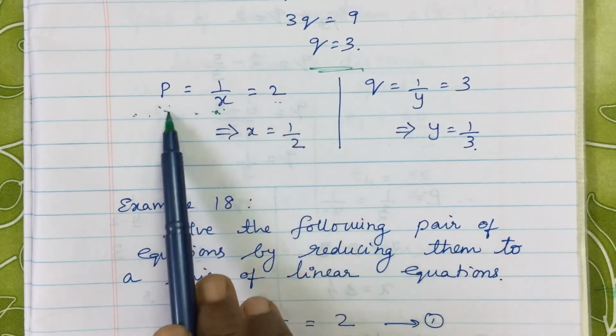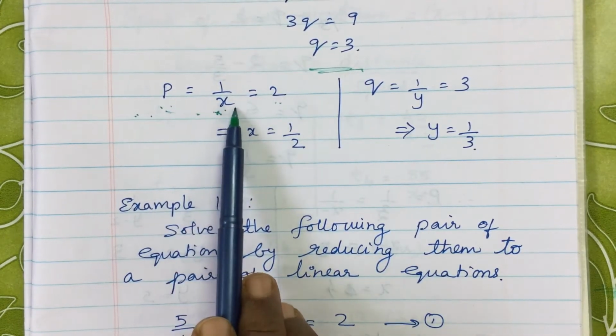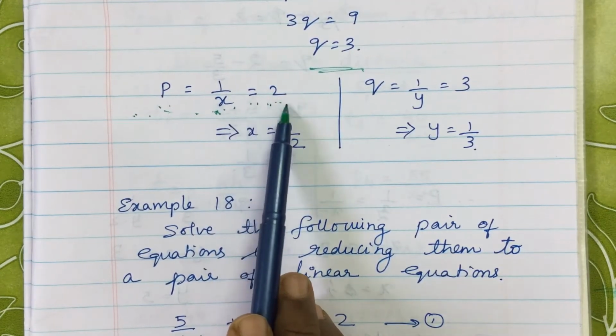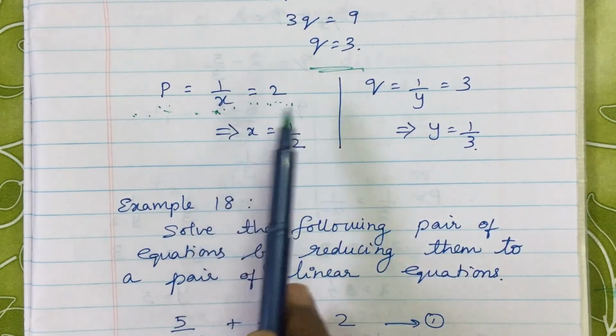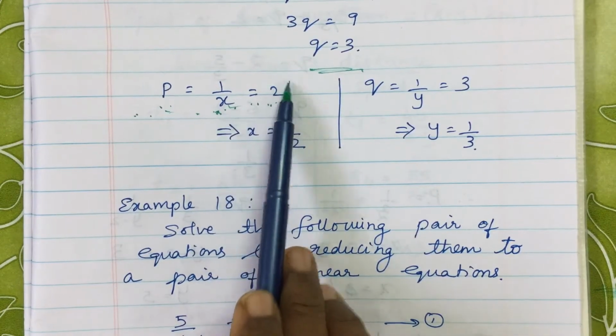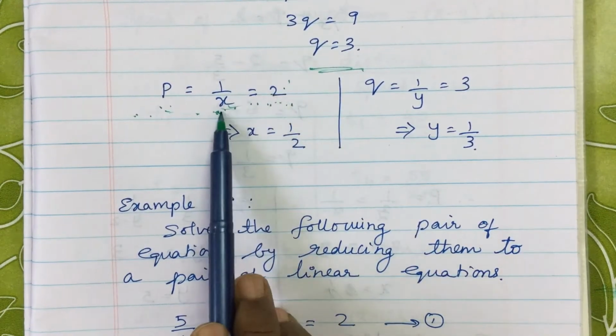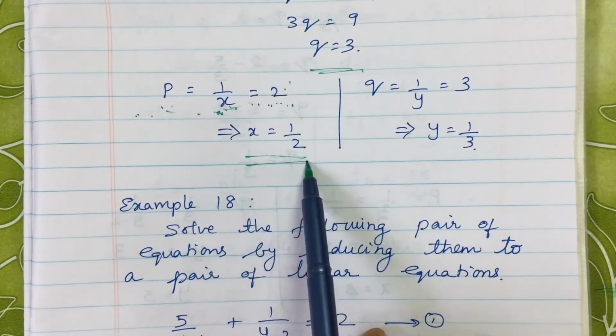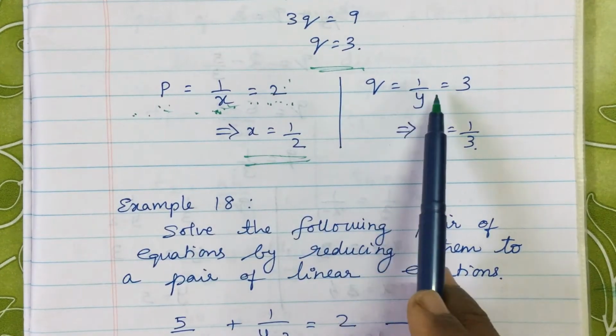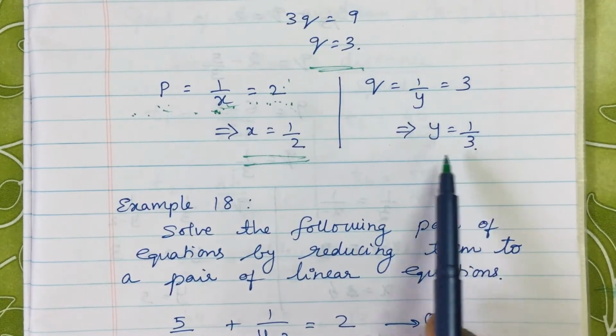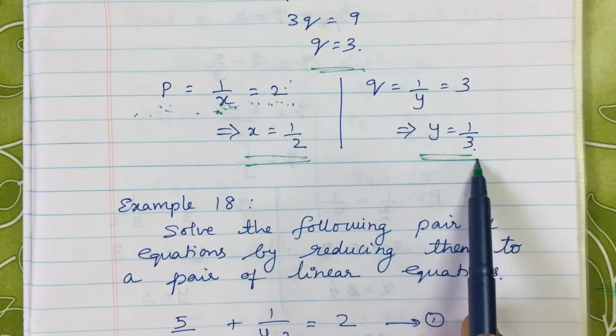You got 2 as the answer for p. So p equal to 1 by x, but what we have got is 2. So you cross multiply it again, x will go to the numerator, 2 will come to the denominator. So x is equal to half. In a similar way, q is equal to 1 by y, that is equal to 3. So y is equal to 1 by 3.